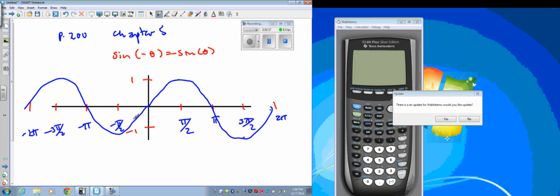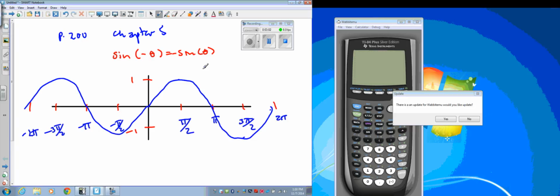And you can see that it's equal to the opposite of this. It's the same height, but in the negative direction. So when you go in this direction, you have to change the sign of the height. And I think it becomes pretty easy to see that this relationship holds.